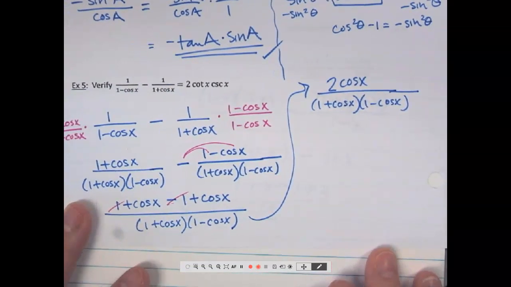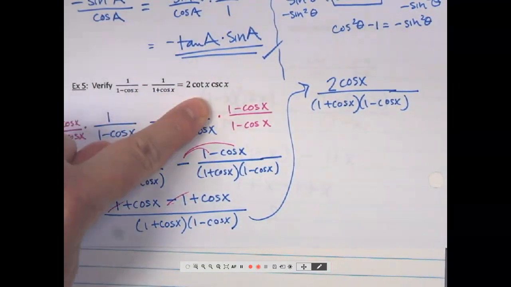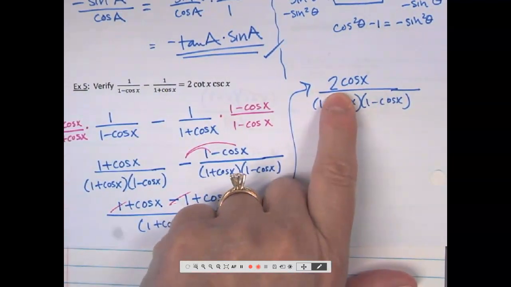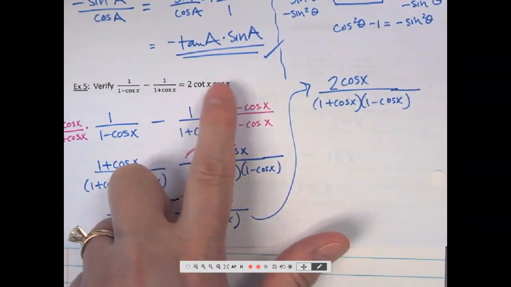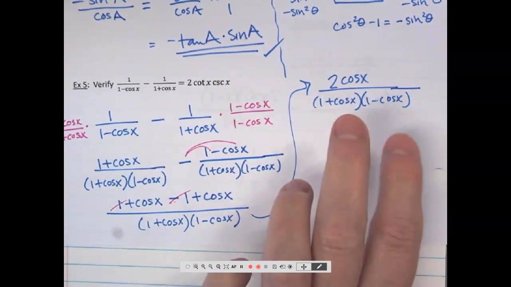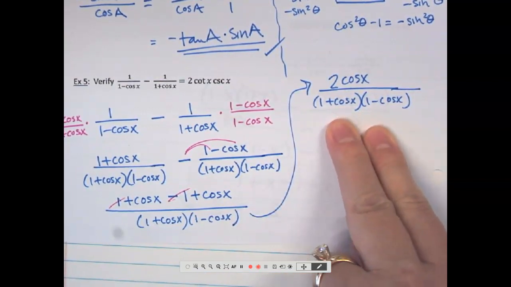See what I need to do next. Okay, I'm trying to get 2 cotangent cosecant. Well, I have a 2, so I'm definitely on the right track. How can I turn this into cotangent cosecant? I think we should probably distribute this out. If I distribute that, what will it become?